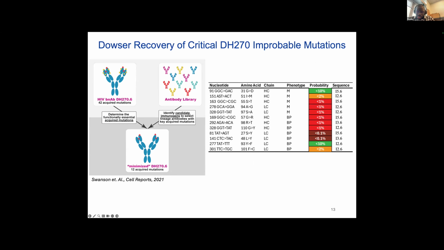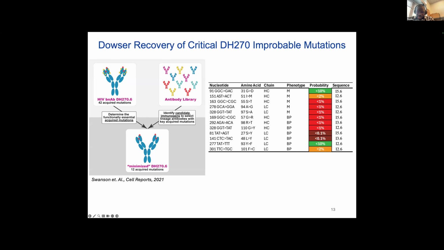So next, we compared the intermediates generated by Clonalyst and Dowser. Although over 42 mutations had emerged along the maturation pathway of DH270, Swanson and colleagues have identified the 12 most important mutations that are critical for breadth and affinity of this bnAb, which they dubbed the minimized DH270. 2 of these mutations, shown in brown, are extremely improbable, which means that they're very difficult to induce, and another 6, shown in red, are also improbable, but with a slightly higher probability.